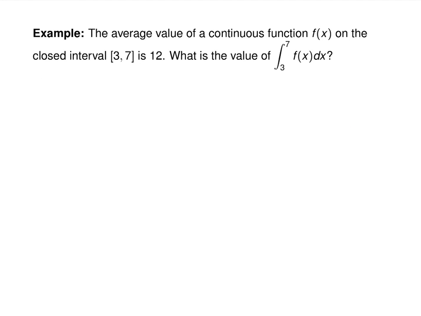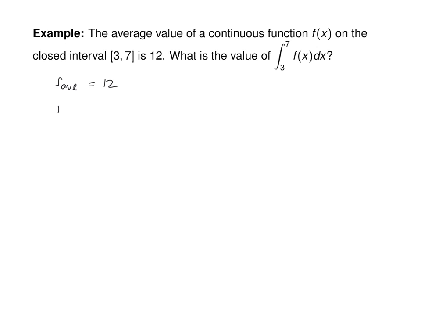All right, so now a little bit of a puzzle. The average value of a continuous function f of x on the closed interval from 3 to 7 is 12. So in that case, what is the value of the integral? So we know that f av is equal to 12. That's what we're told.